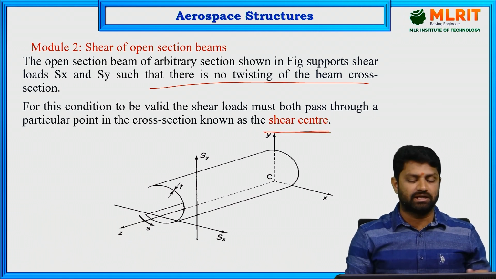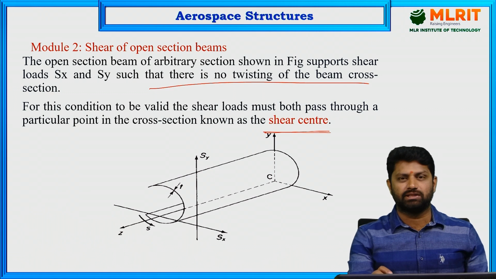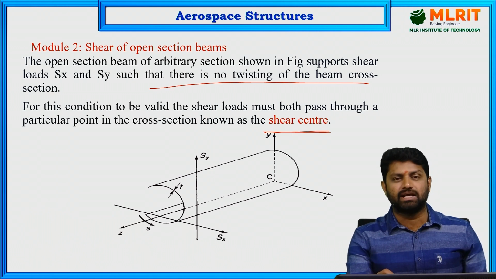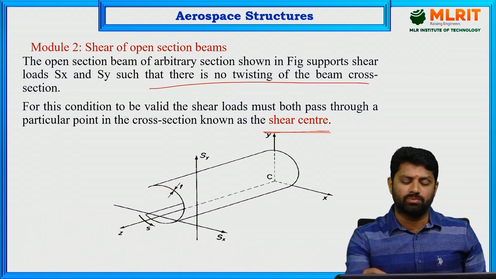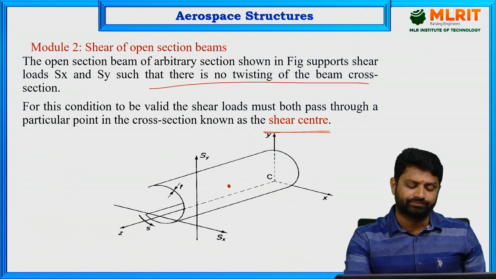What is the shear center? The shear center is a point in the cross section about which there exists no twist. The loads you are applying, the horizontal shear load Sx and the vertical shear load Sy, are applied in such a way that they act through a particular point in the section. If the loads act through this point and there is no twist, then that point can be considered the shear center.